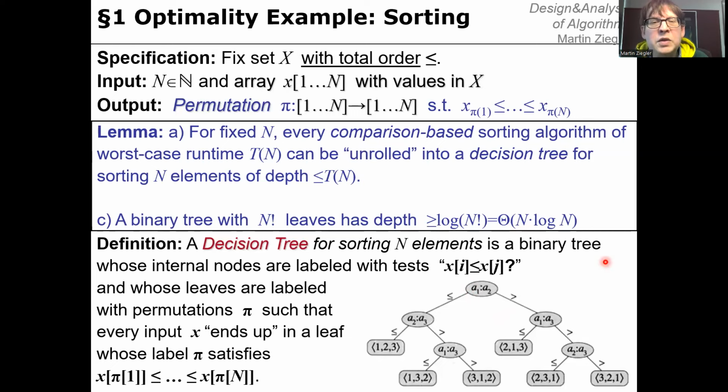And then continue symbolically executing the algorithm in 2 consecutive cases, either if the result of that comparison is positive, or if it is negative.